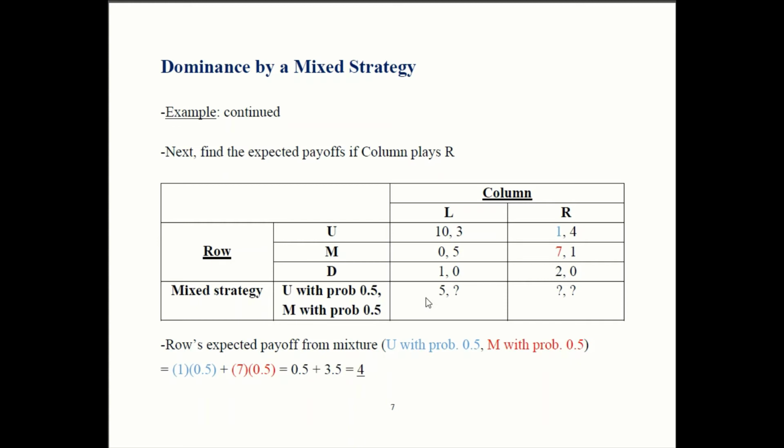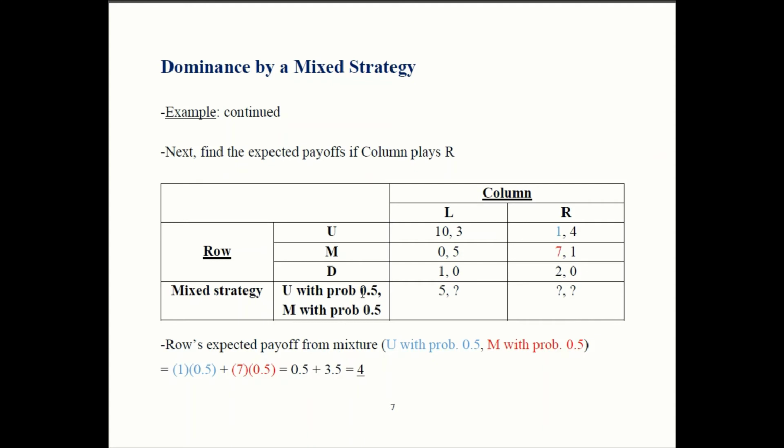So that's the first part. Now let's go fill in the rest of the table. So we play this mixed strategy. We play up half the time and we play middle the other half of the time. It's possible that Colin plays right instead of left. So now we have to find what our expected payoff is against right.